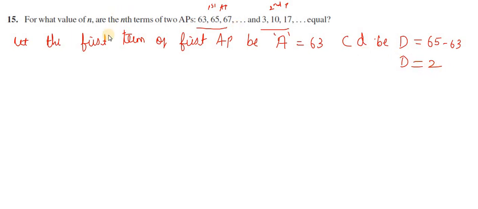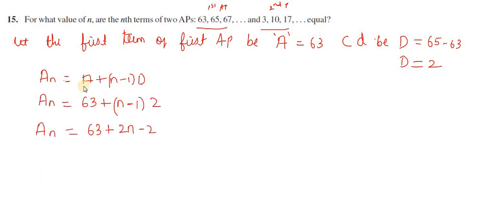Now let the first term of the second AP be small a. Before going further, we'll find an for this. We know that an is equal to a plus n minus 1 into d, capital D you can write here.